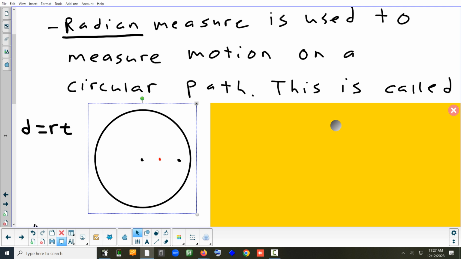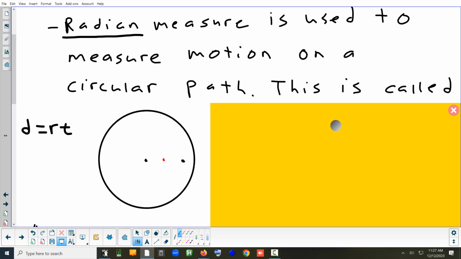Yeah, this dot made the largest revolution. So this dot traveled the furthest, but it traveled the furthest in the same amount of time as all the other dots. So if this one traveled further in the same amount of time, what does that mean about the speed of this dot compared to the speed of that dot? Right, this dot would have to be going faster.